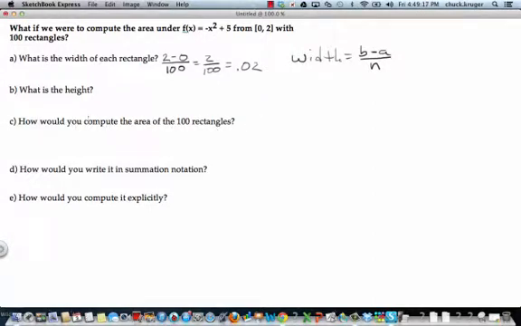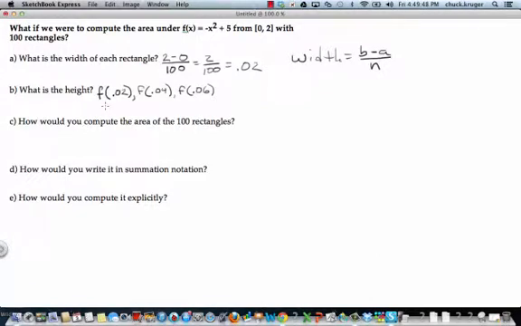So now what's the height? Well, the height is going to change, depending on the function. If I use right corner, the first one is going to be f of 0.02. The next height is going to be f of 0.04. So I'm moving to the right and increasing each time, and the next one is f of 0.06, and it's going to go on that way.